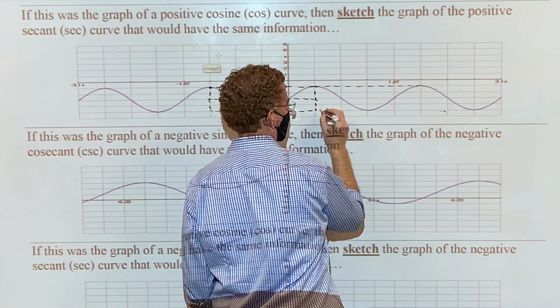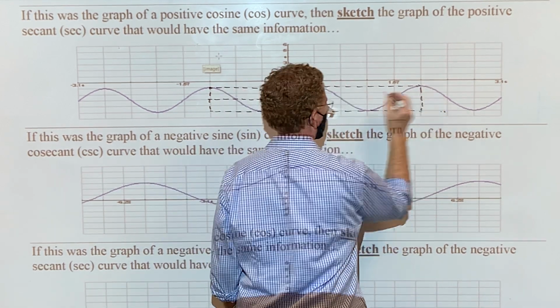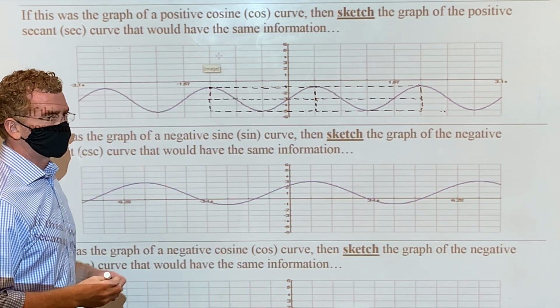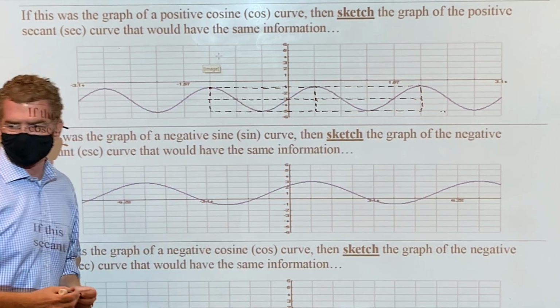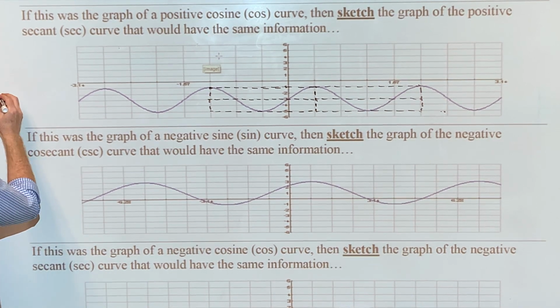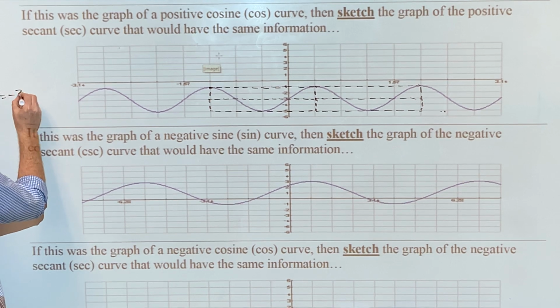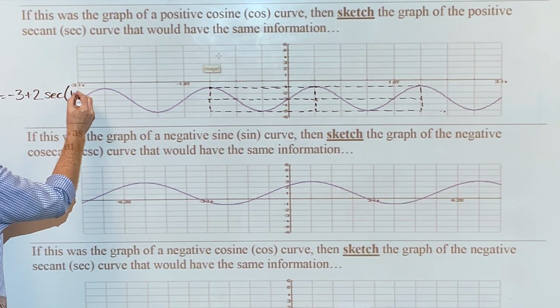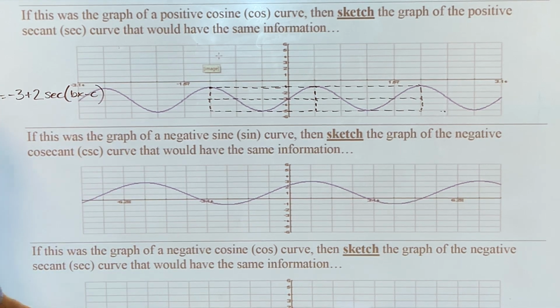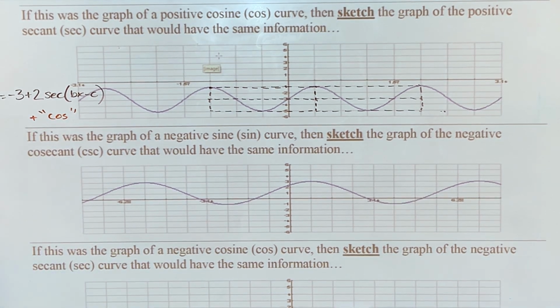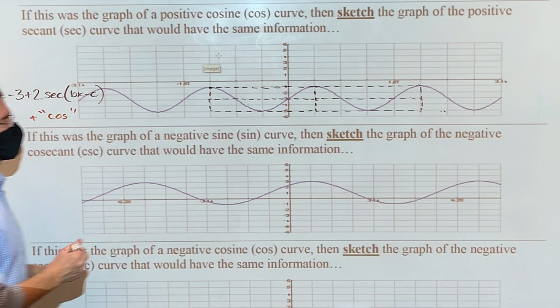Maybe here's another box, from high to high. That's what you would have done if this was a positive cosine curve, right? But if it is a y equals -3 plus 2 secant bx minus c graph, you're still going to graph a positive cosine, but you're going to put it in as a dotted line.